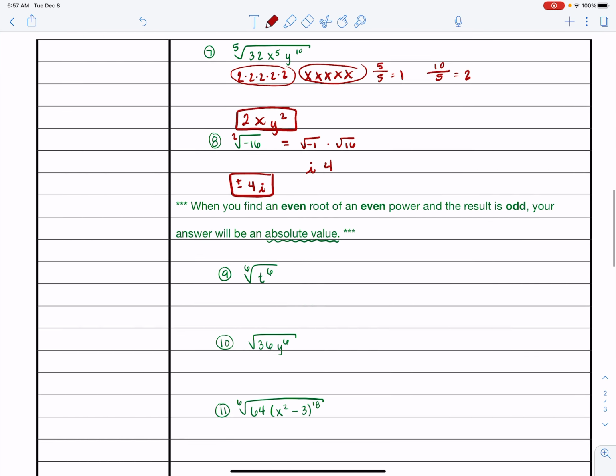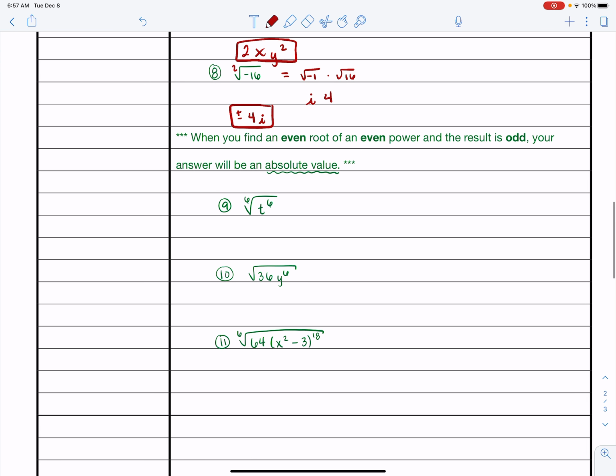All right. One more little rule. When you have an even root and an even power and the result is odd, your answer will be an absolute value. So let's say the result is an odd power. We're still talking about the power or the exponent. So t^6 under a 6th root: 6 is an even root, 6 is an even power.